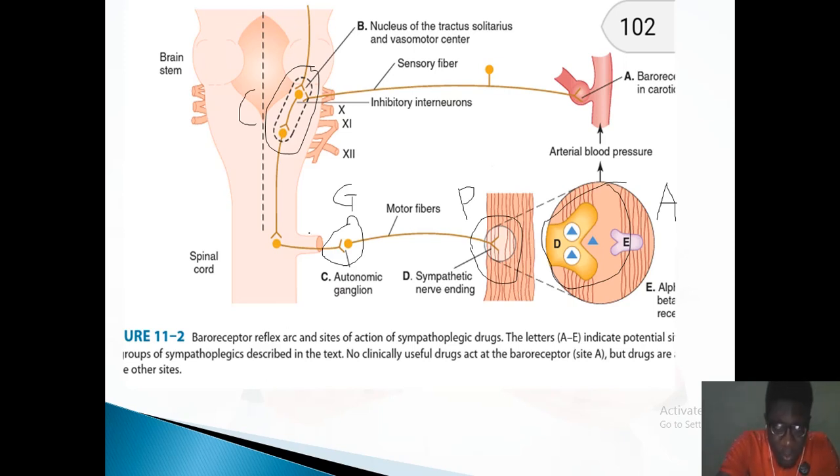This is where they work. The G here is for ganglionic blockers. In this place here, we have nicotinic receptors. So these ganglionic blockers block the nicotinic receptors located in this autonomic ganglia. So that's how they work. By doing that, they decrease sympathetic outflow.